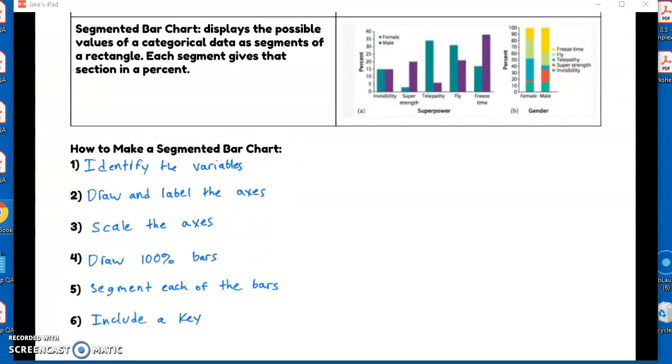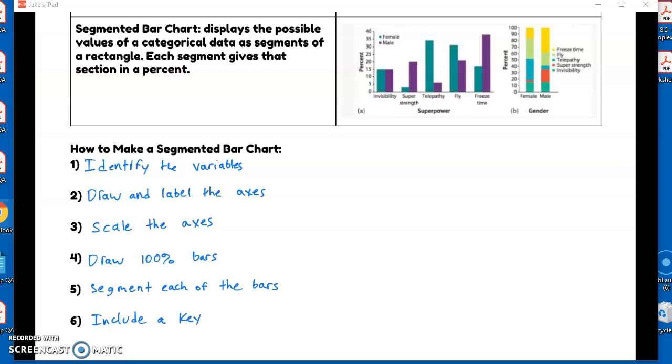Our first step, we have to identify the variables. So we have to figure out which one is the explanatory and which one is the response. Once you do that, you have to draw and label the axes. Notice how we labeled the percents and the gender there.